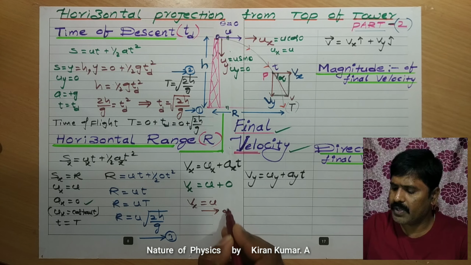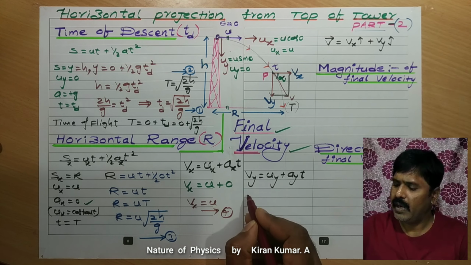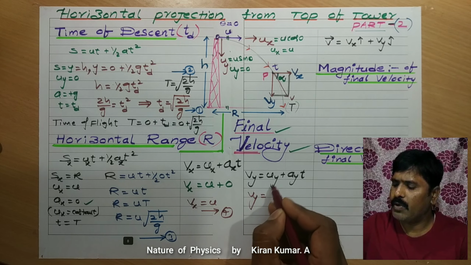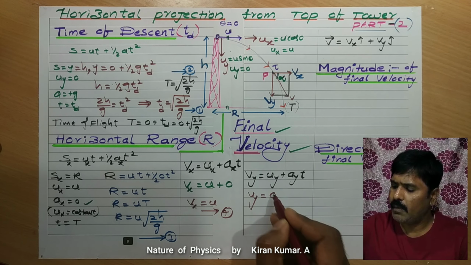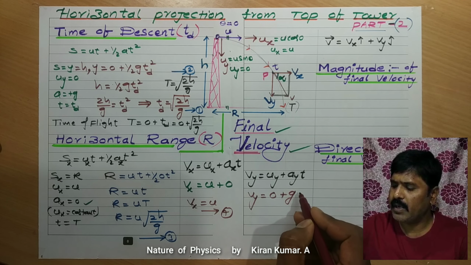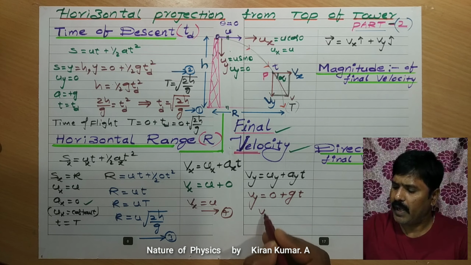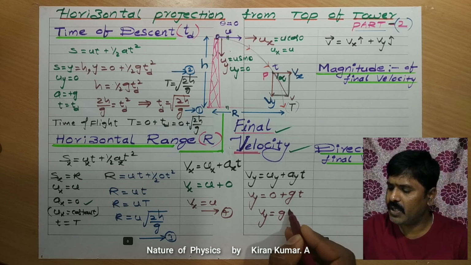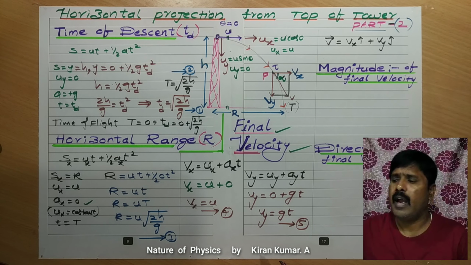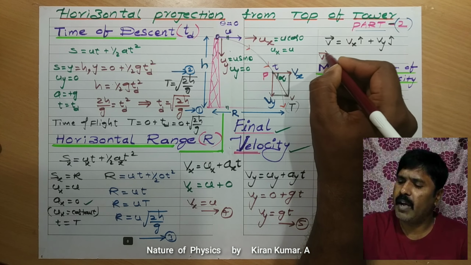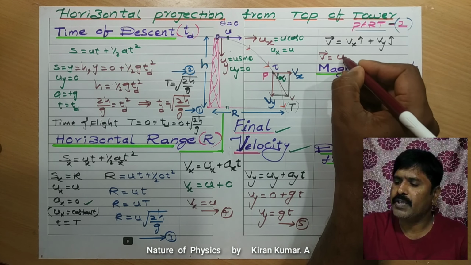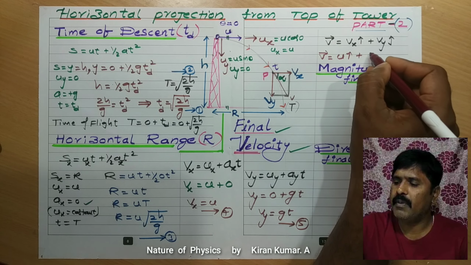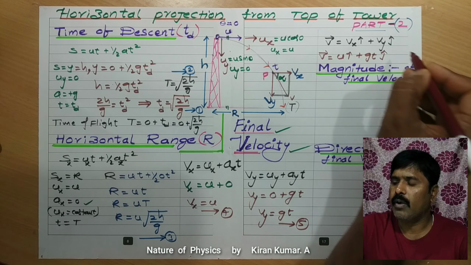This is written as equation number 4, and vy is equal to uy, which is 0, plus ay, which is g, student, and t, so finally I got vy, the vertical final velocity, is equal to gt, written as equation number 5. Okay, and for the magnitude of the final velocity, before that, v bar is equal to vx, which is u, and vy, which is gt, student.